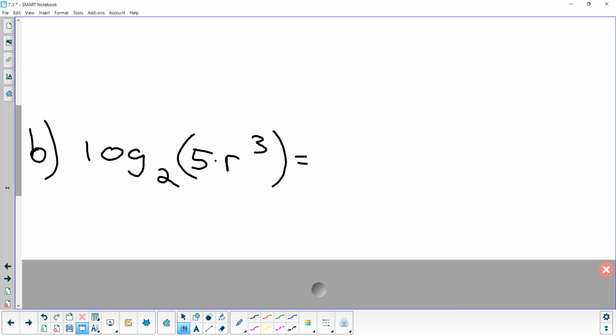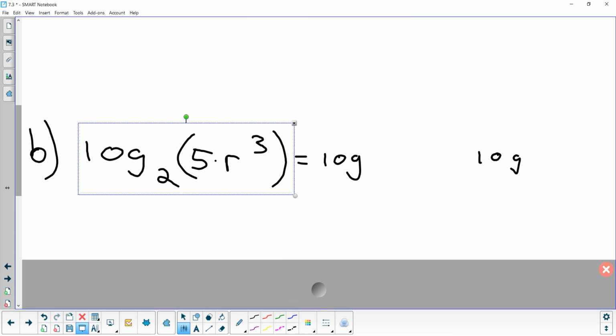And when we have multiplication, what symbol does that turn into when we split up our logs? So first I'm asking what I'm going to do with these two logs. The choice is add or subtract. Add? Yeah, we're going to add, right? Multiplication turns into addition.